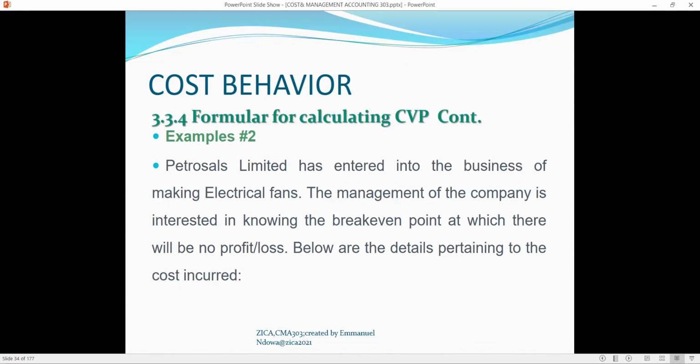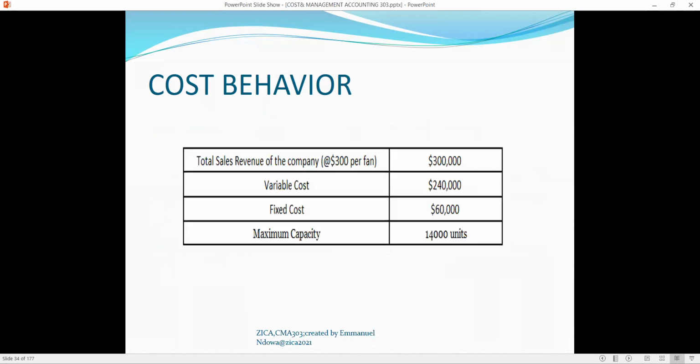Petrol Sales Limited has entered into the business of making electrical fans. The management of the company is interested in knowing the break-even point at which there will be no profit or loss. Below are the details pertaining to the costs incurred. We have the sales revenue of the company at $300 per fan.